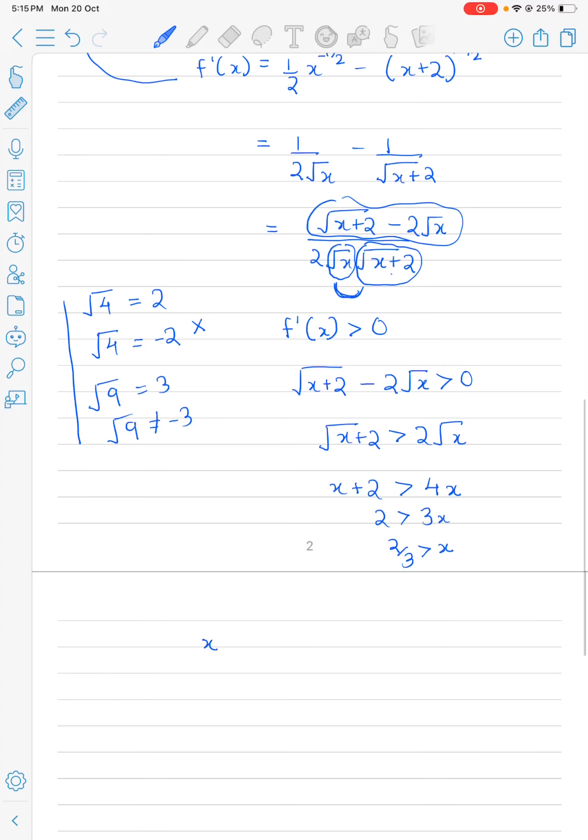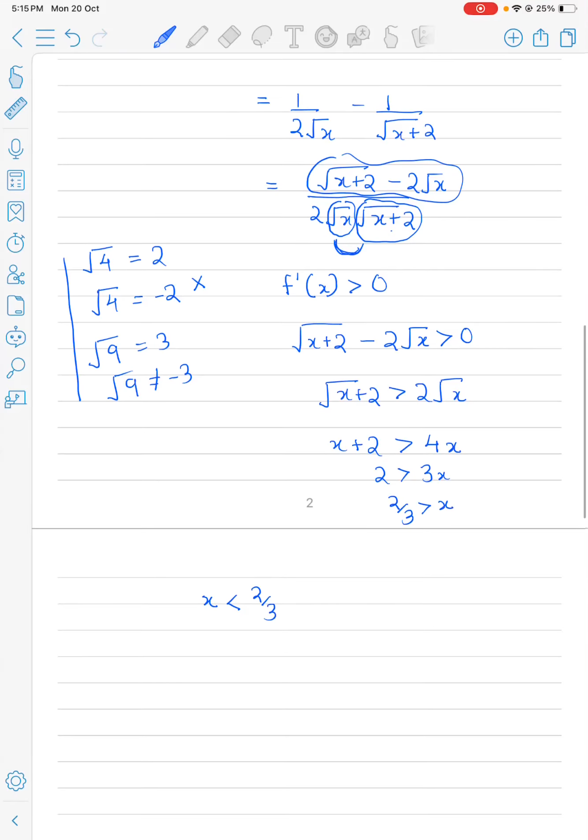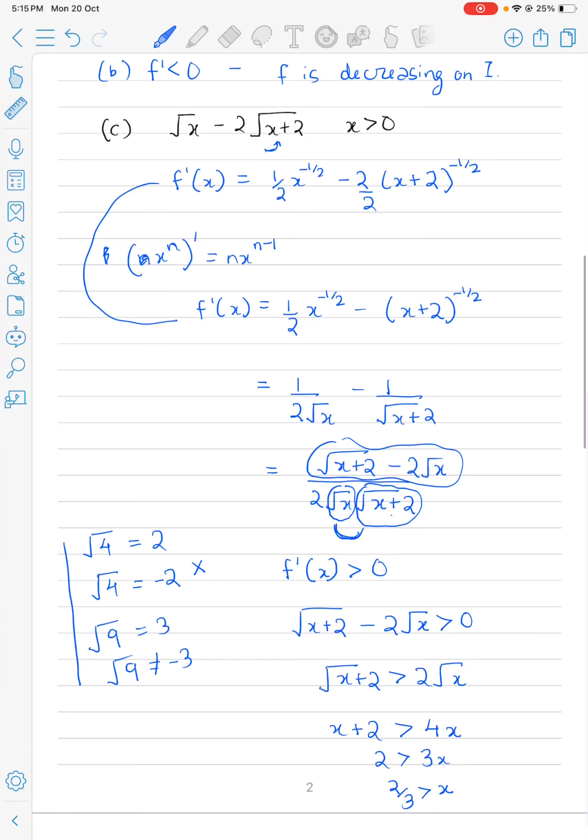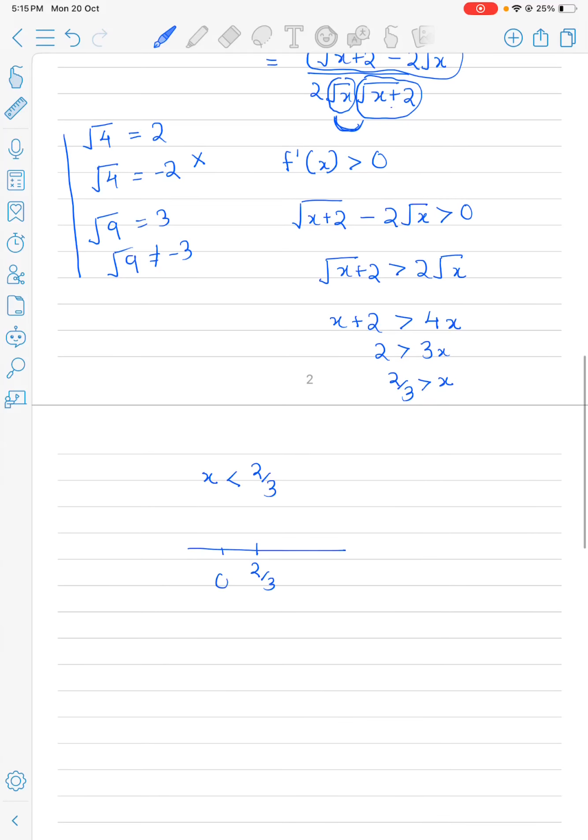So what I get is x is less than 2 by 3. So from 0 to 2 by 3, we have f'(x) greater than 0, which means f is increasing on 0 to 2 by 3.